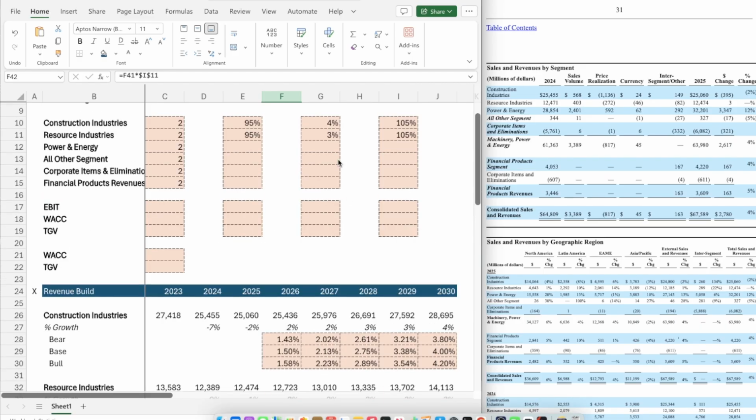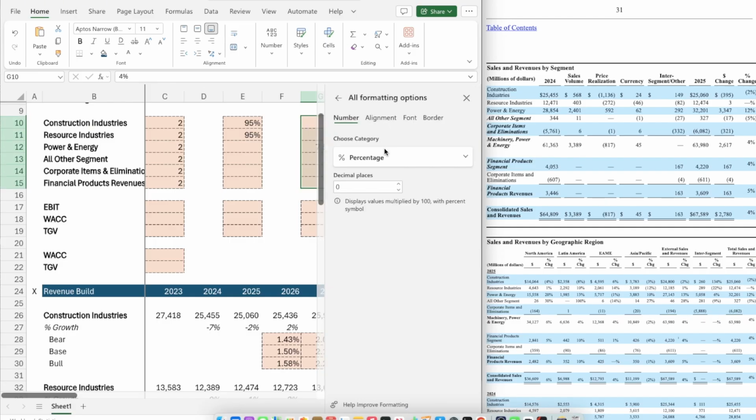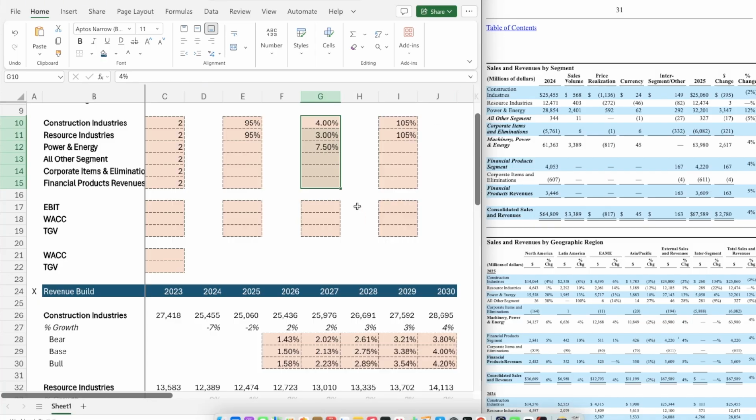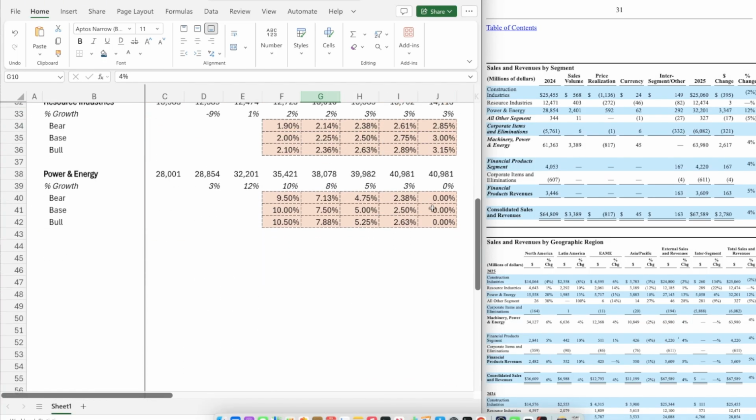We'll say it goes to 7.5. Well, and just make sure it's on the right switch.